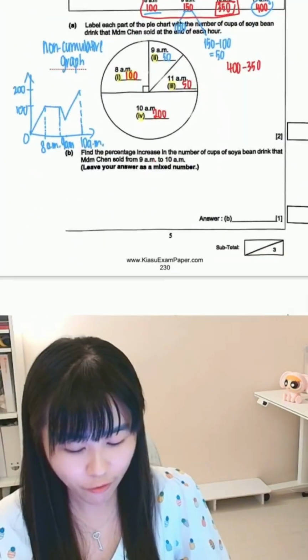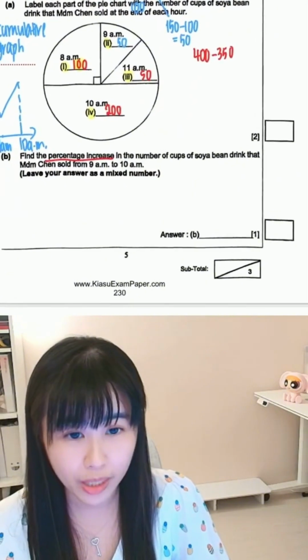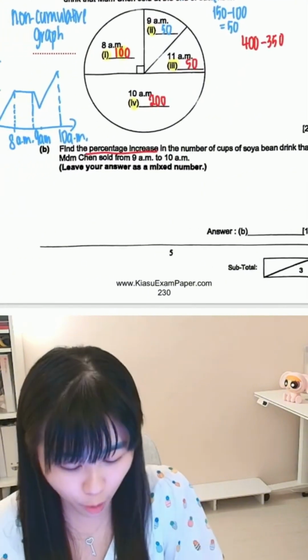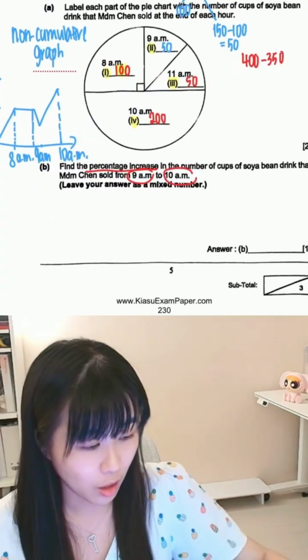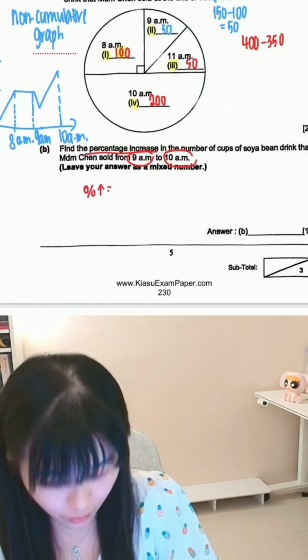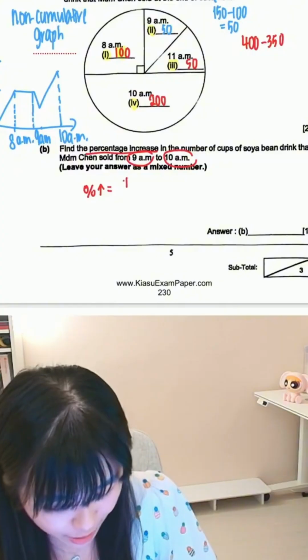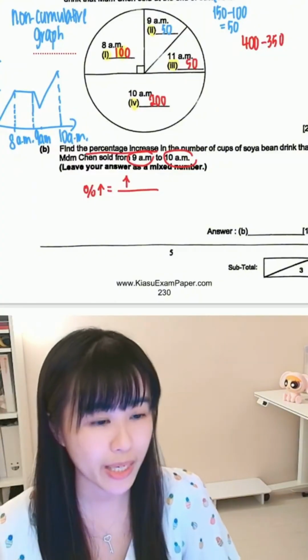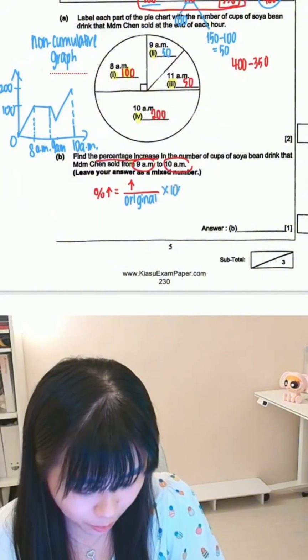Find the percentage increase in the number of cups of soya bean drink that Madam Chen sold from 9 a.m. to 10 a.m. First, percentage increase. Many of you always forget the formula. The formula is increase over original, times 100%.